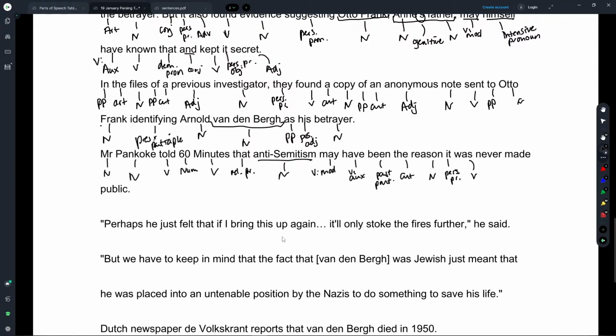In this case we need to see what we have before we can say whether it's a copula or an auxiliary. We need to check the rest of the sentence: never, adverb, made, aha, the rest of the part is a past participle, so that means that this is our auxiliary. Made public, adjective.